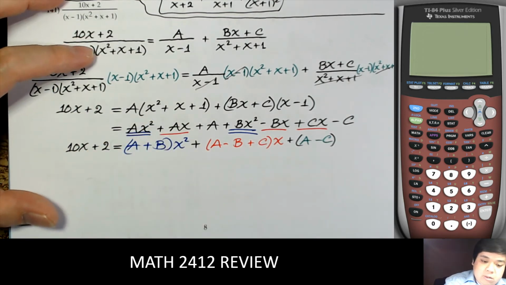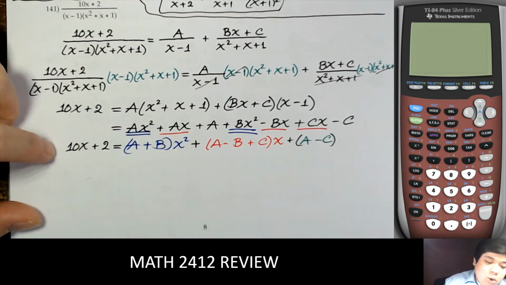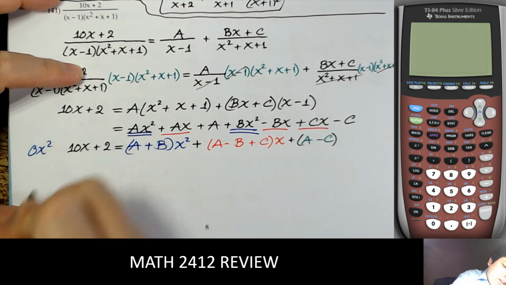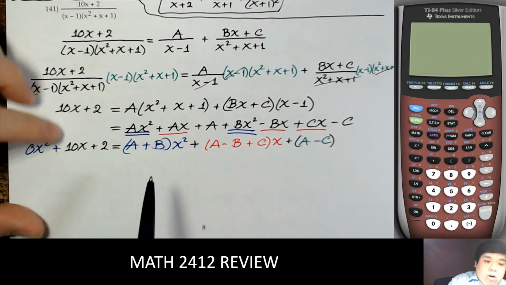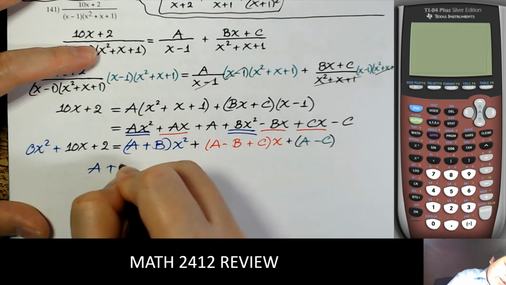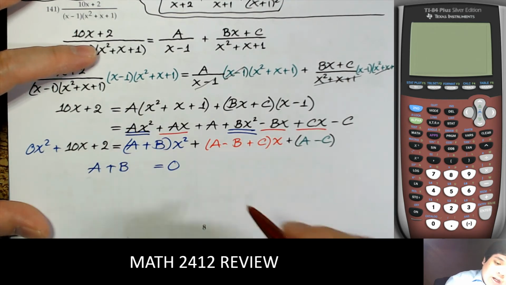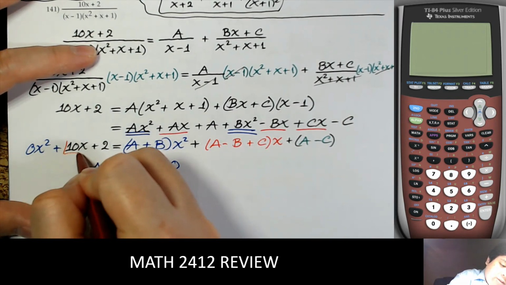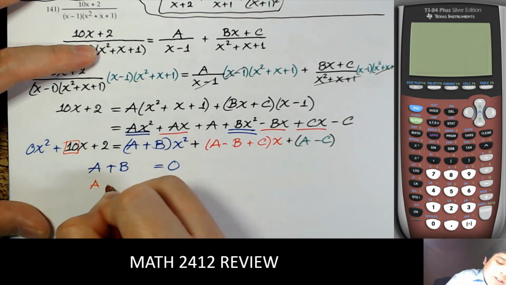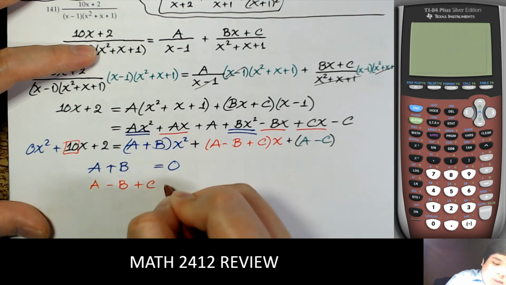So combine like terms. There's no x squared here, so we're going to let a plus b equal to 0. For x, we have a 10 here, so just matching the coefficient.